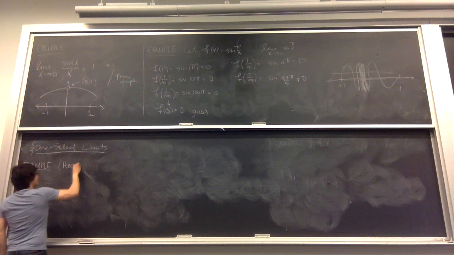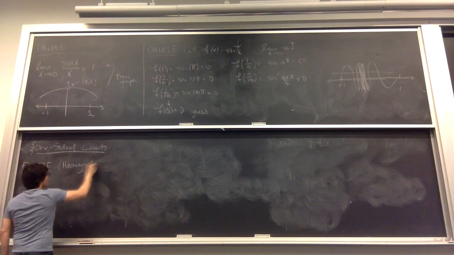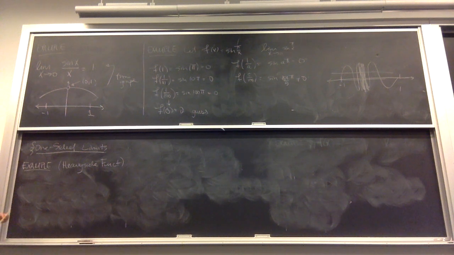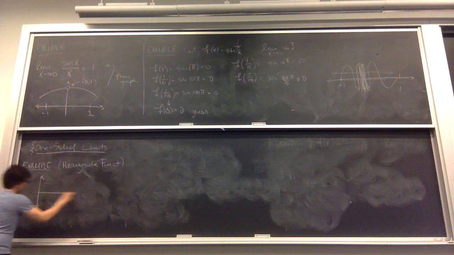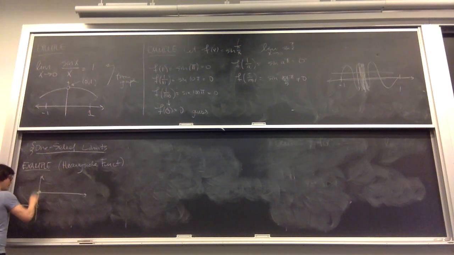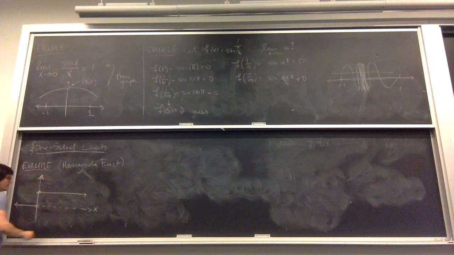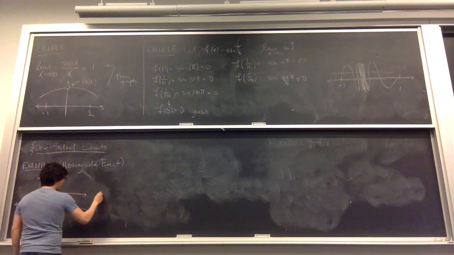Okay, so I'm just going to show you something called the Heaviside function. This is useful in statistics and other things because it allows you to turn something on or off, essentially. It looks like this. This is the y-axis, the x-axis runs out here, and this is at y equals 1.